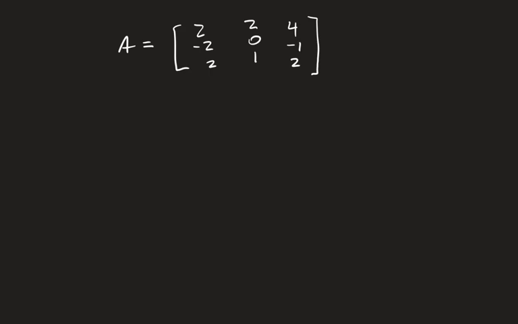And I tell you that what we're going to do is we're going to multiply by a scale factor. So let's say we multiply this by 3. So that means that we're going to get our matrix and we're going to multiply each term by 3.